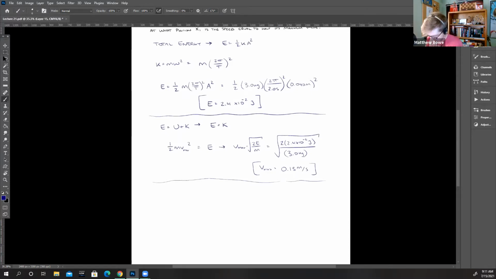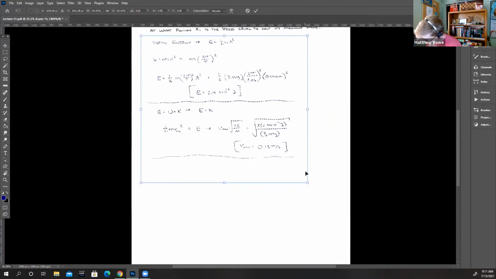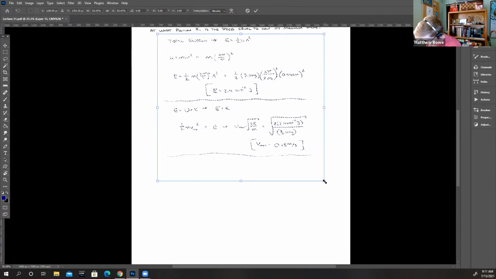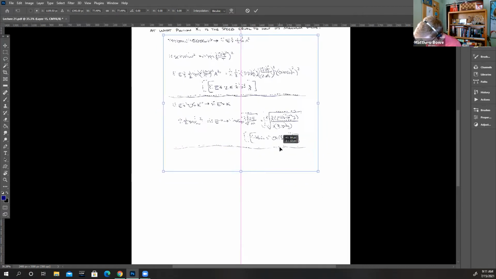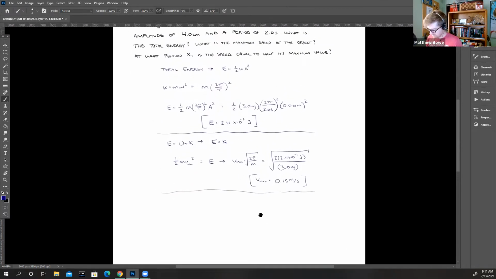Next up, I know I'm going to run out of room, so let's shrink this down a bit. Next up, at what position x is the speed equal to half its maximum value?